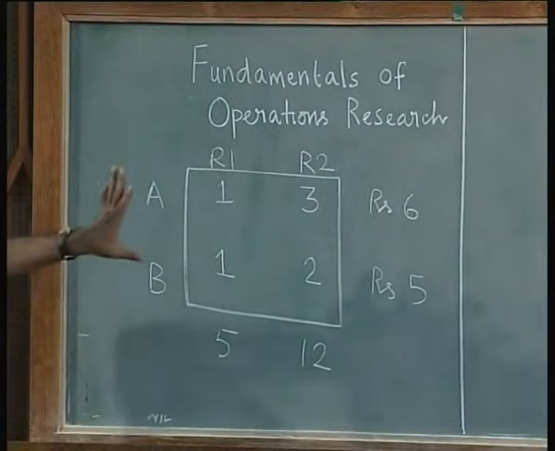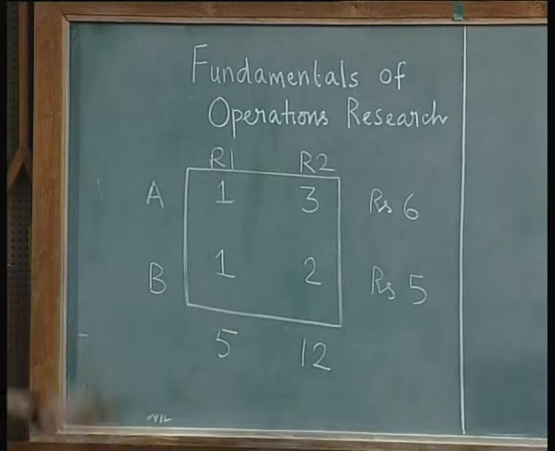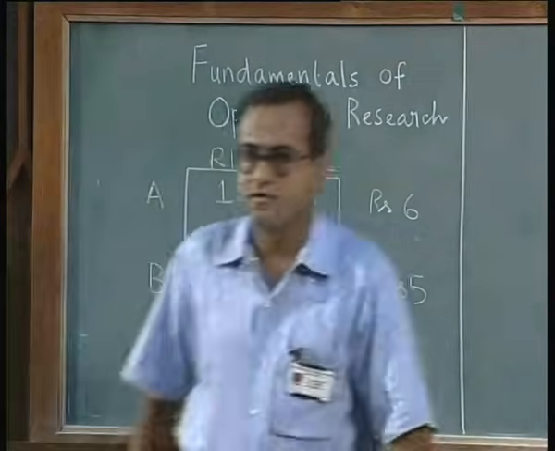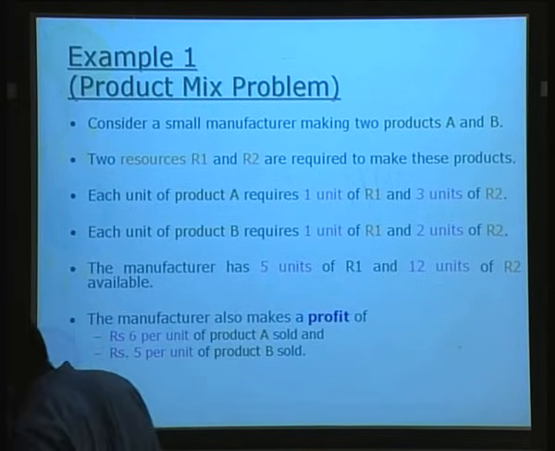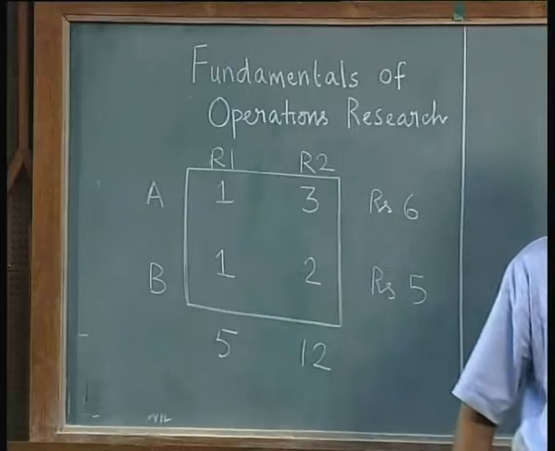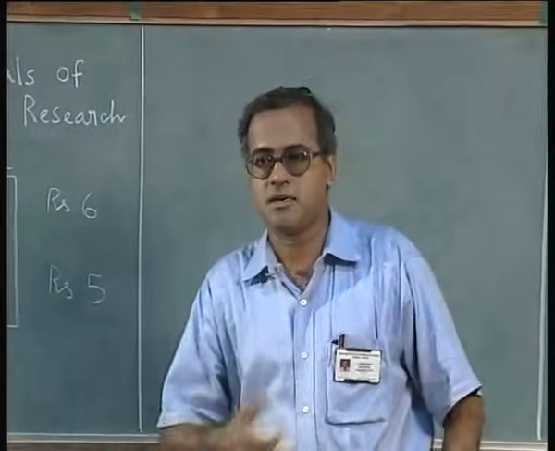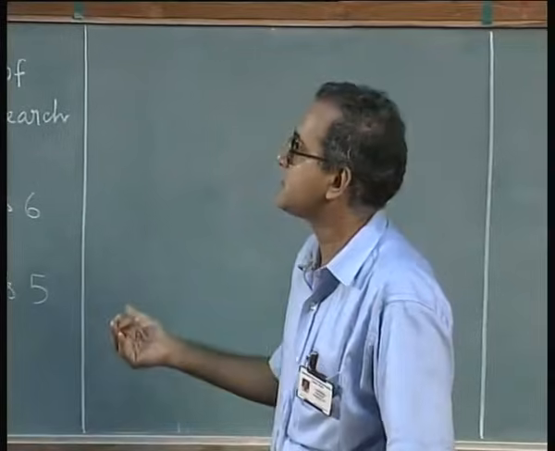So, this is the problem setting that we are looking at. Now, what are the issues that this manufacturer faces? One, the manufacturer would like to produce in such a way that the profit is maximized. How does the manufacturer go about formulating his problem?